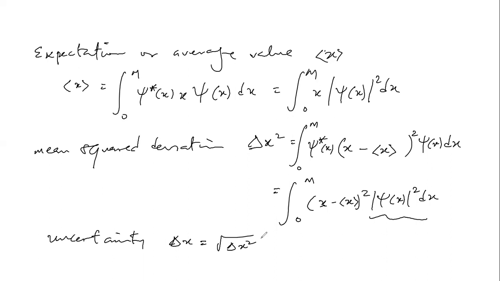Which is the uncertainty in the position of the particle when it is in the state defined by the state function, okay? And this now is the same as the square root of the expectation value of x squared minus the square of the expectation value of x.